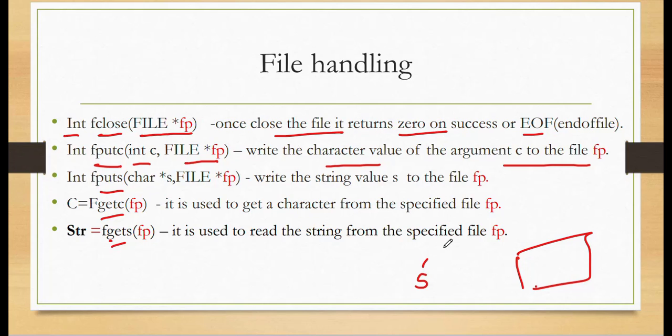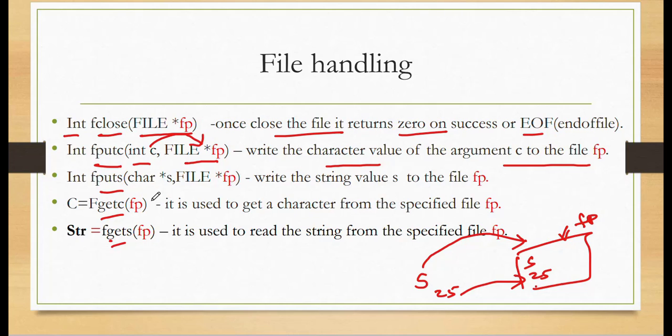So the yes is written in the file pointer. That is called fputc, put a character into the file. It can be a character or some integer value like 25, 35, which will be put into the file. So that is fputc, a single character.